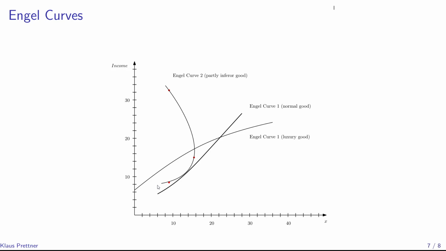And then we can also illustrate something like a luxury good, that would be Engel curve 3. In the case of a luxury good, for example, people would not consume anything up to the point where a certain income level is reached, and only then demand for this good will become positive. For example, think about jewelry.